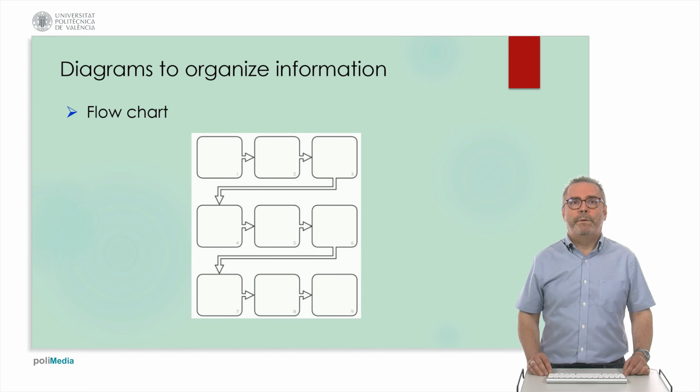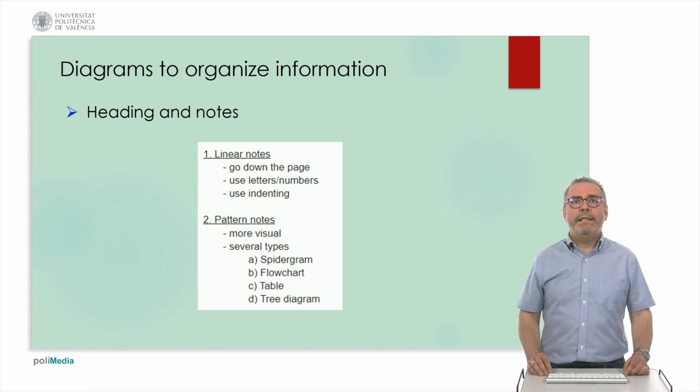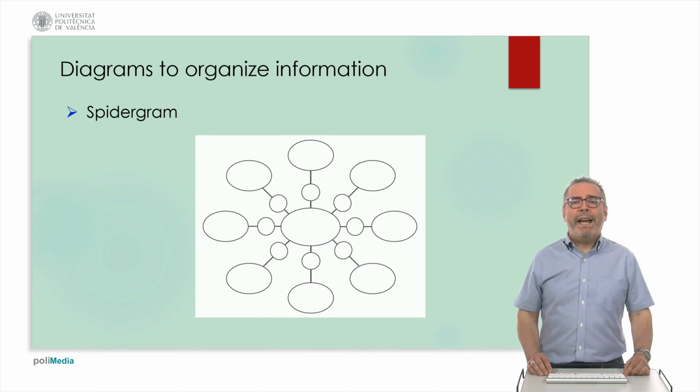There are different types. In headings and notes, which are linear notes, we organize in headings, subheadings, and sentences at different levels. In a spidergram, we organize information in what we call nodes that are connected, and all of them connected among themselves or with the central aspect of the spidergram, as we can see in this image.